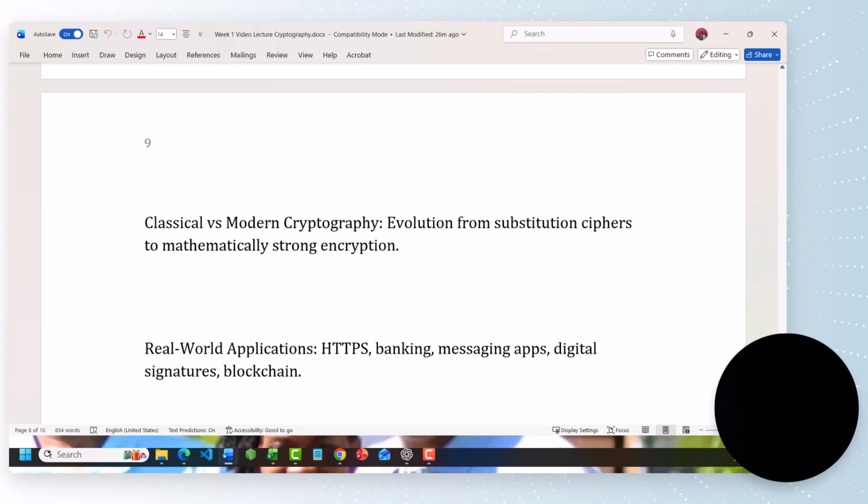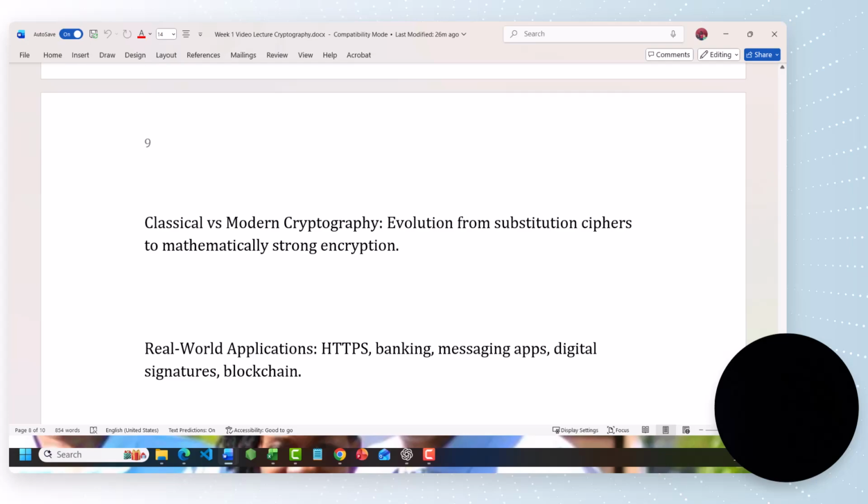Classical versus modern cryptography. We're going to jump more into this in week 2, next week. Basically, classical cryptography is how we handled things before, without a numerical basis. You can think of it as doing things manually, on a slide rule, versus doing things on a computer.